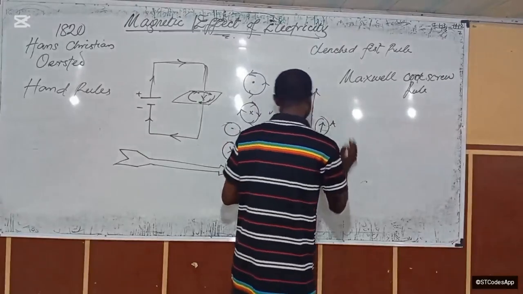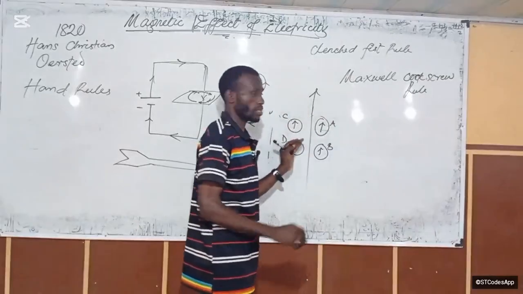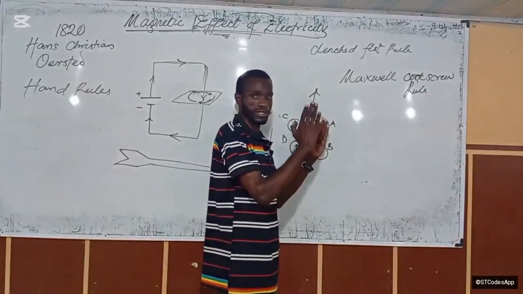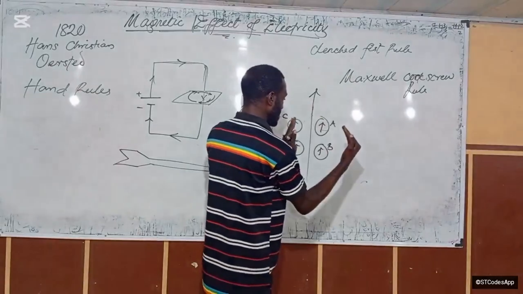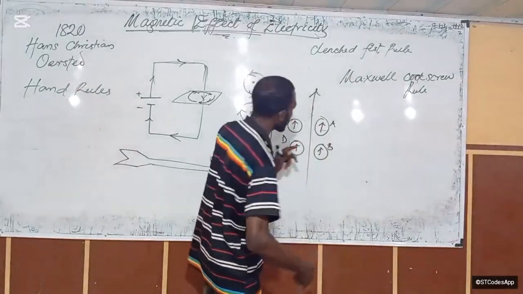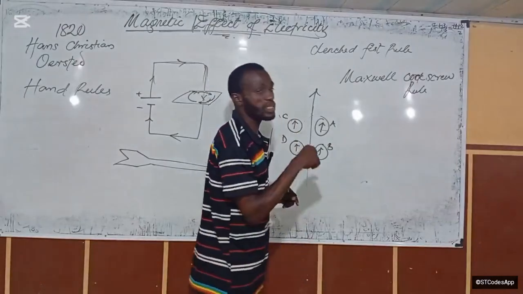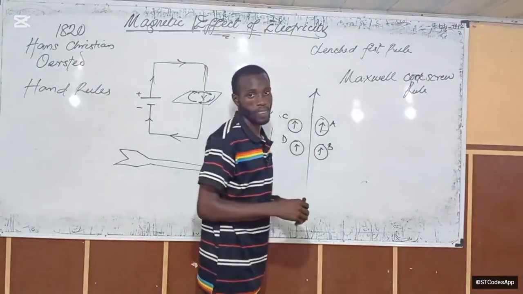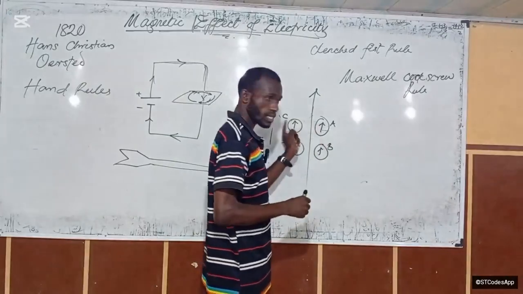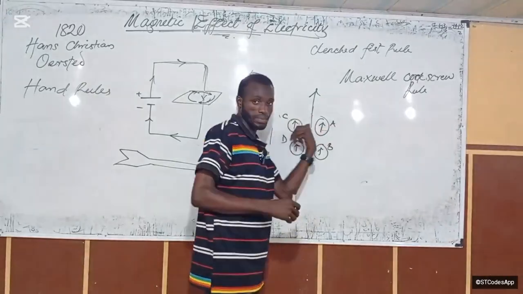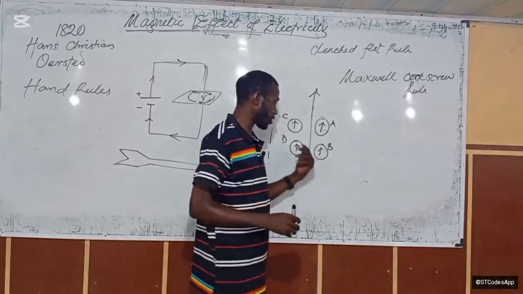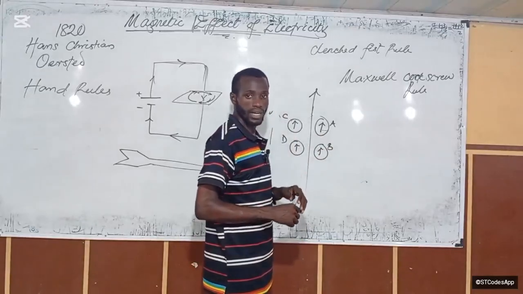Compass B is on this side, compass D is on this side. If current is going up, where will be the directions of these compasses? Compass A is at the front, compass C at the back, compass B at this side, compass D at this side, around the wire.